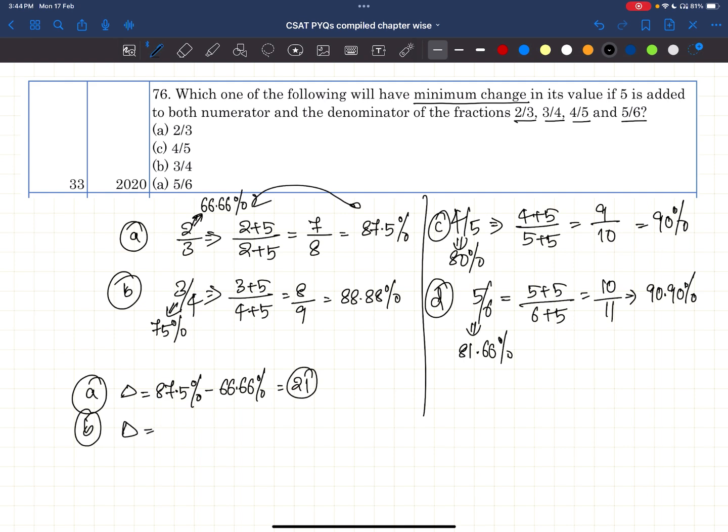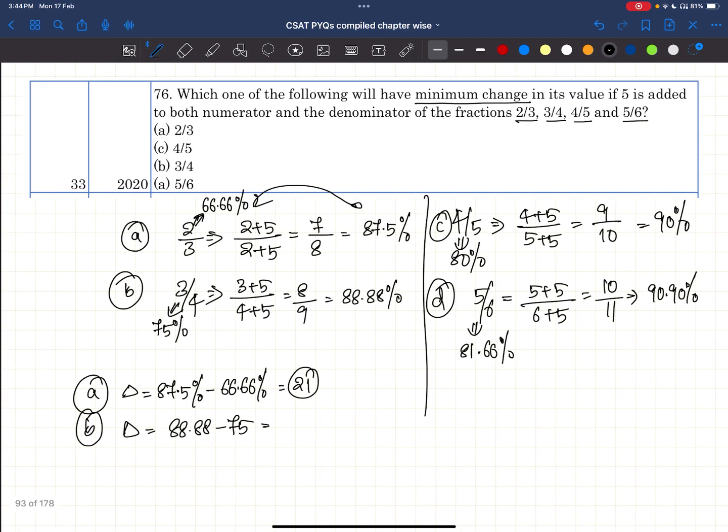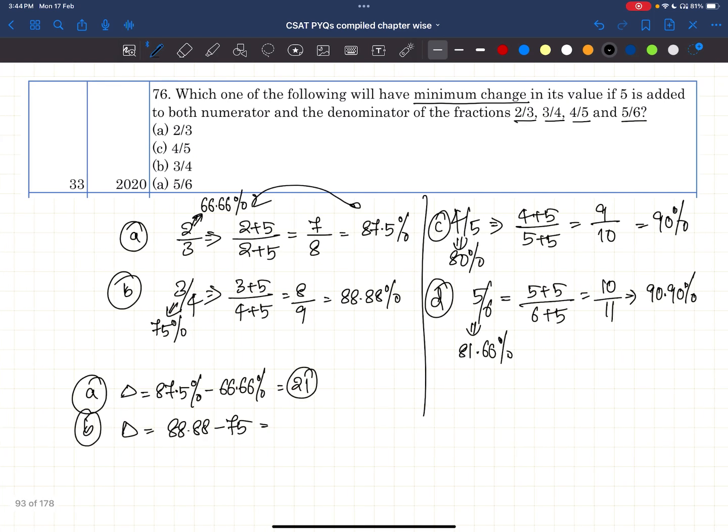He's asking minimum change, so we'll find the approximate difference. See, for option B, it is 88.88 minus 75, right? Let's consider this is almost, that means we'll take 89 minus 75, that is 14. Now, for 4 by 5, the change will be 90% minus 80%, that is 10%.